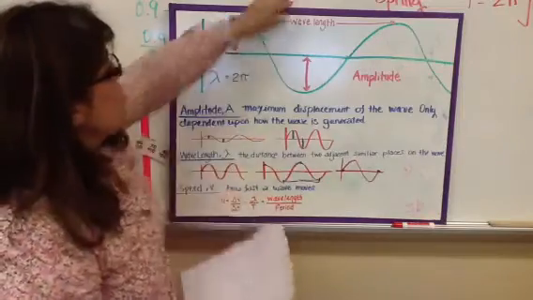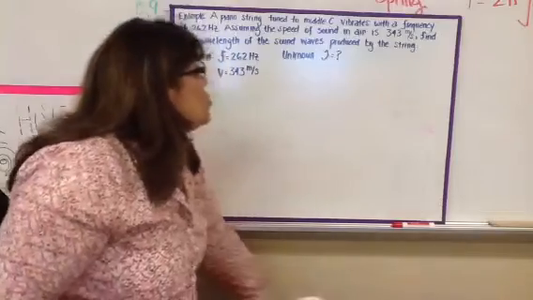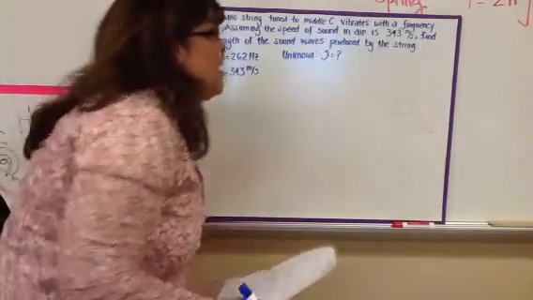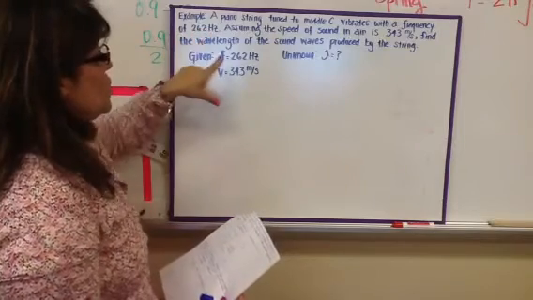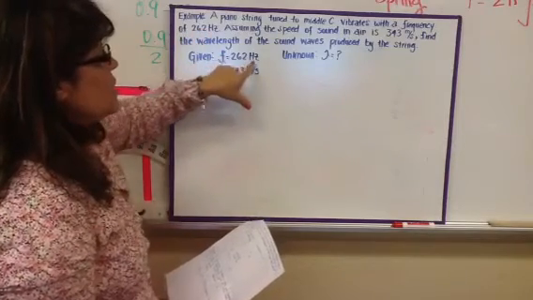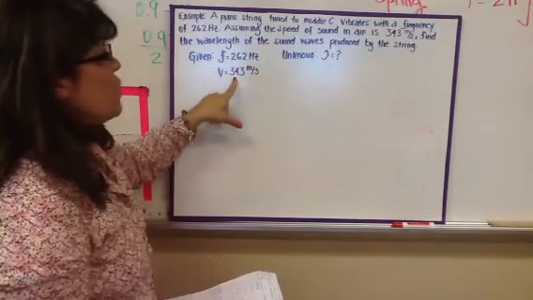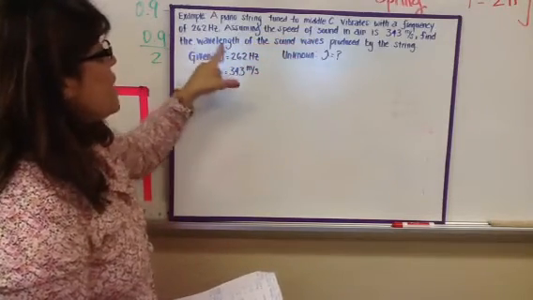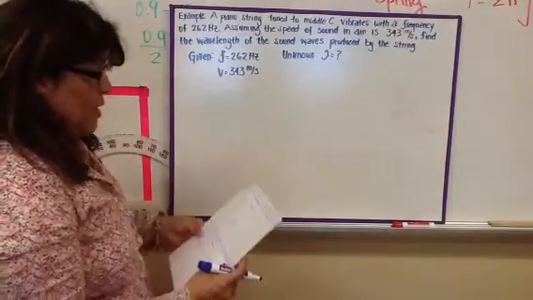Okay, so let's try some examples. A piano string is tuned to middle C, and it vibrates with a frequency of 262 hertz. So here's our frequency, 262 hertz. Assuming the speed of sound in air is 343 meters per second, find the wavelength, this is our unknown lambda, of the sound wave produced by the string.